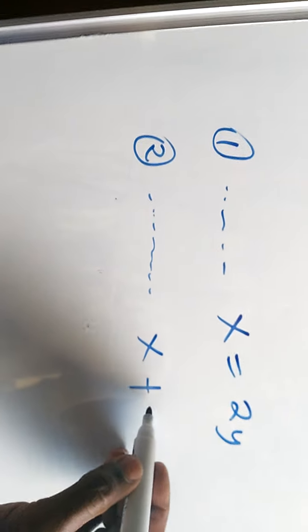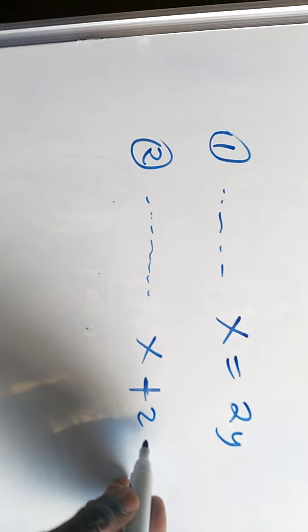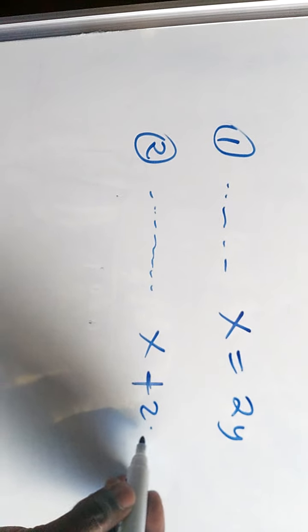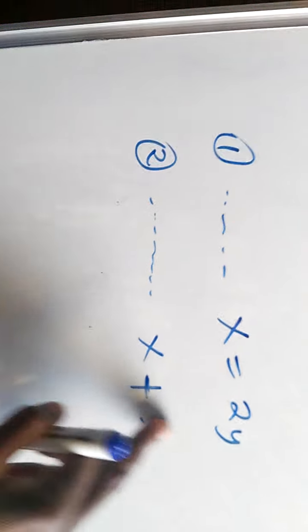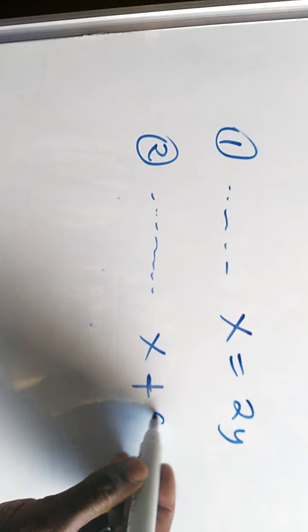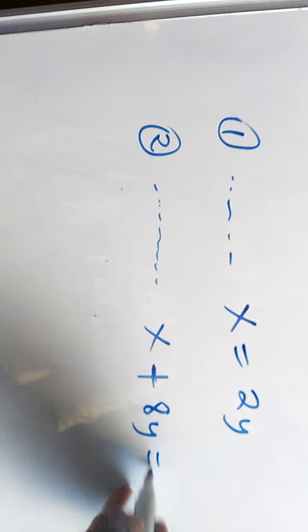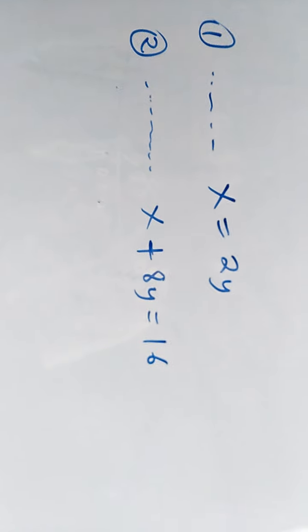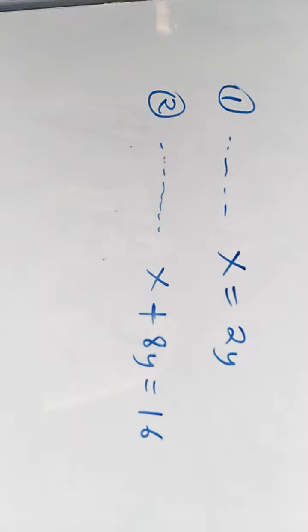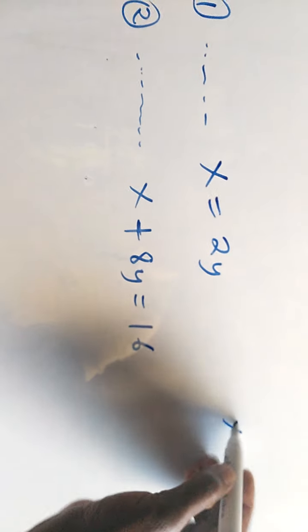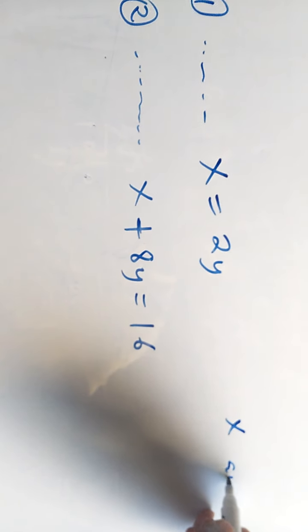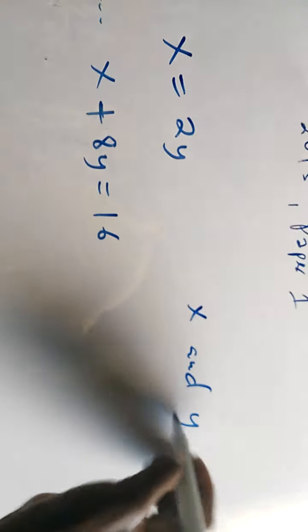Equation 2: x plus 2y is supposed to be 16. And so they're saying find the value of x and the value of y.